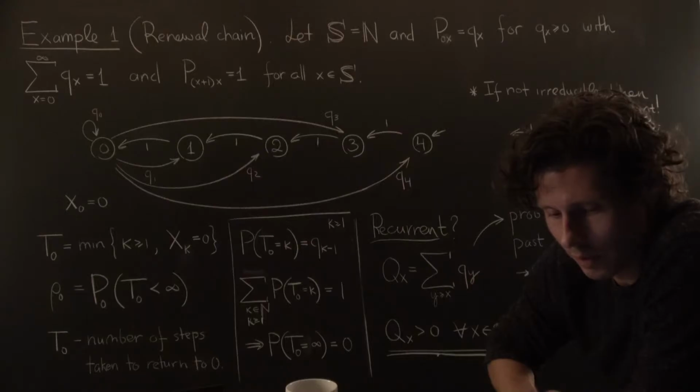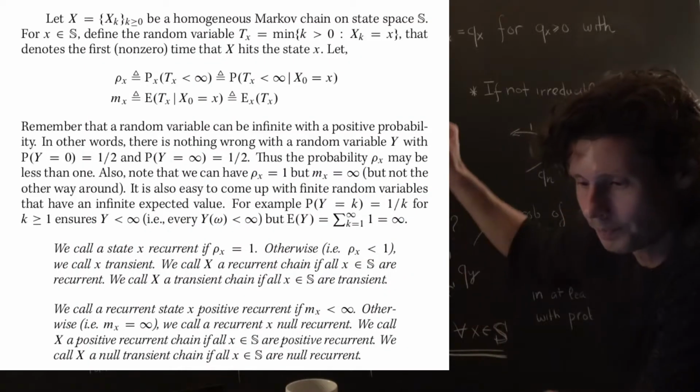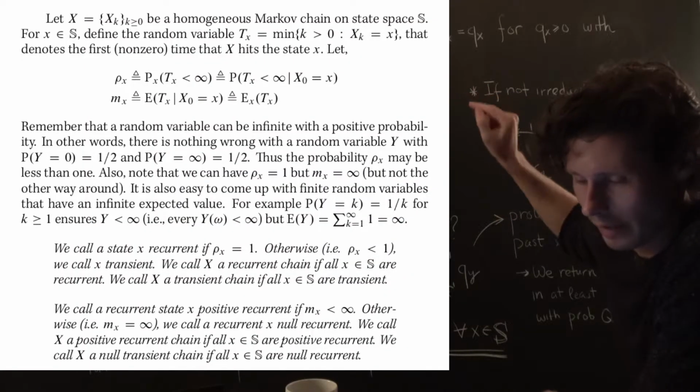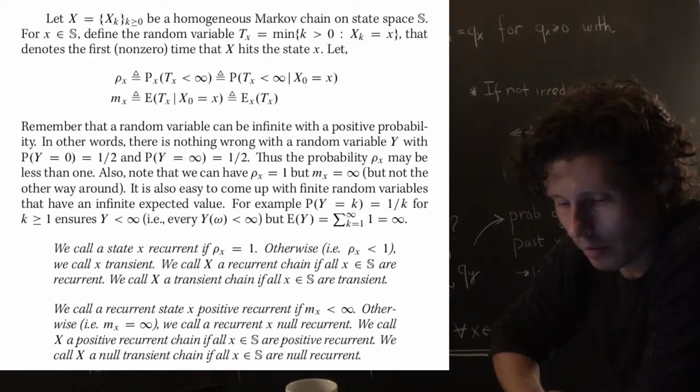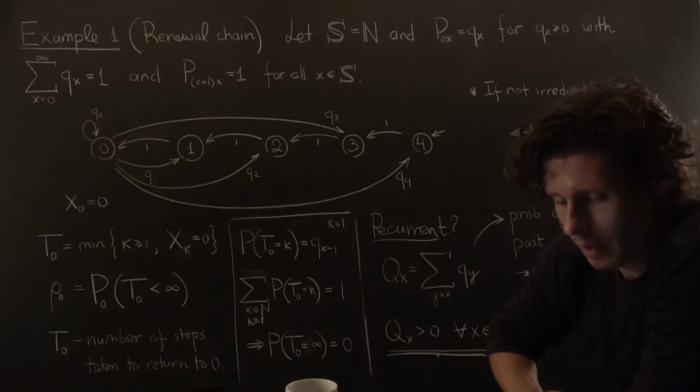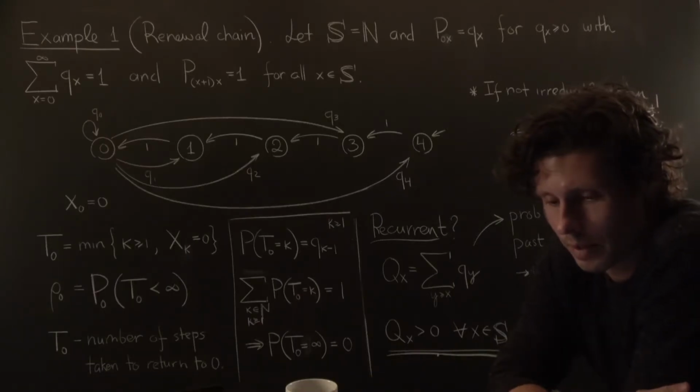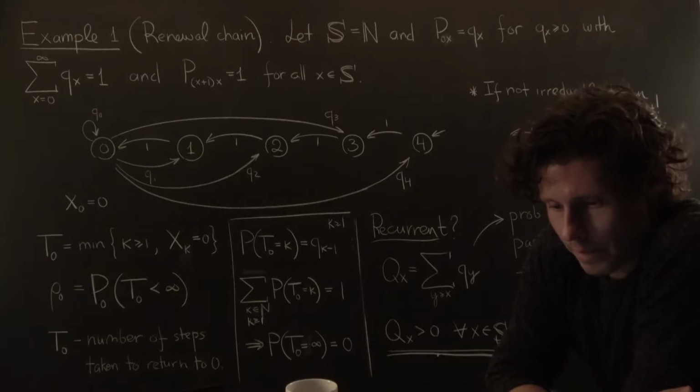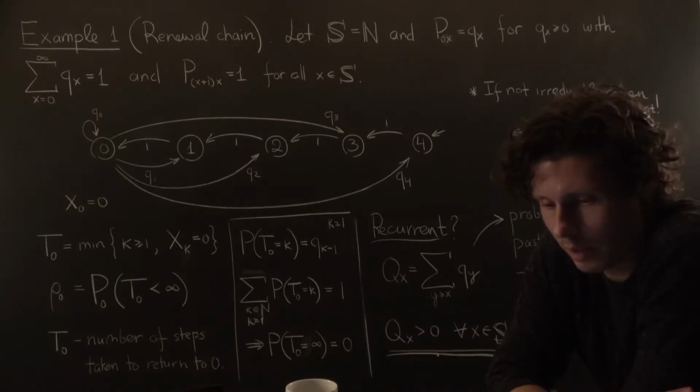And in terms of this formula here, it means that rho n would in fact be 0, not just less than 1. It means that there's no coming back at all. So it's not just not recurrent. It's really not recurrent. There's no chance at all of coming back.